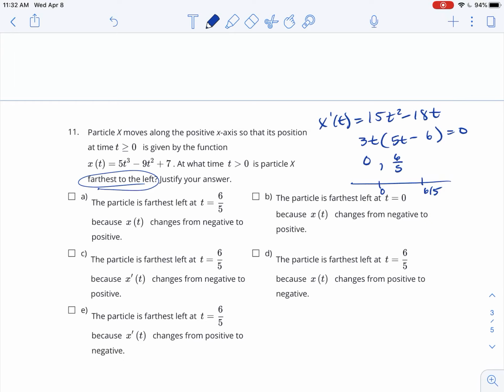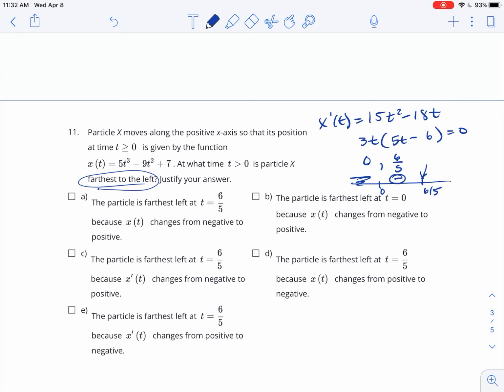So let's test these intervals. Let's see what direction you're going. So left of 0, oh, and that's time, so I don't need time less than 0. So forget that. Let's just test between 0 and 6/5. Well, the easiest value to test is 1. So if I plug in 1, we already know that that's going to give us a negative value.